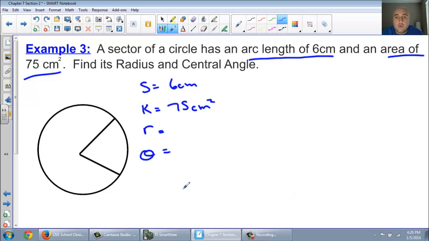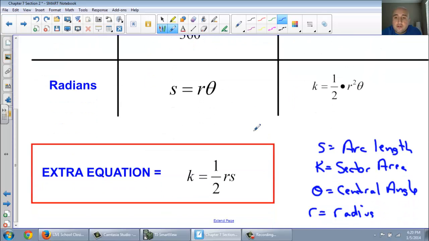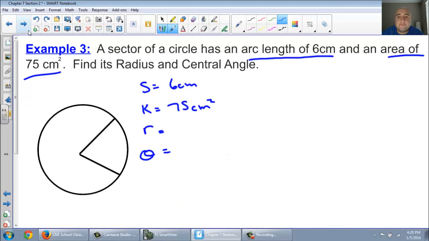All right. So what we need to do is find an equation that has S and K in it, and doesn't have one of these two unknowns. If we go down here, we see this formula has S and K. We know those, and then we should be able to find our R. So this is the one we're going to use: K equals 1/2 RS.